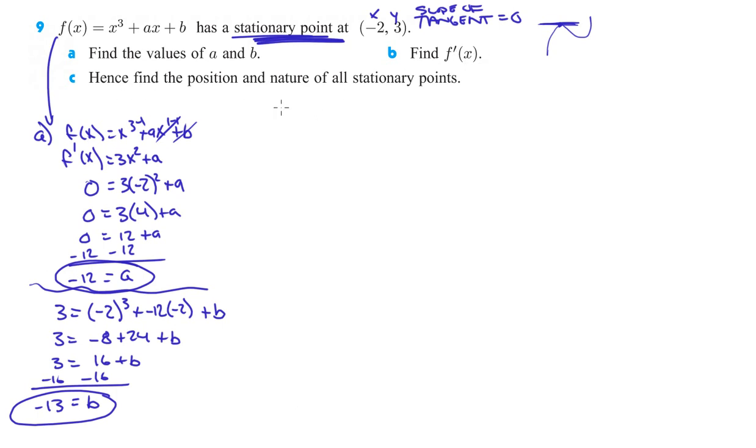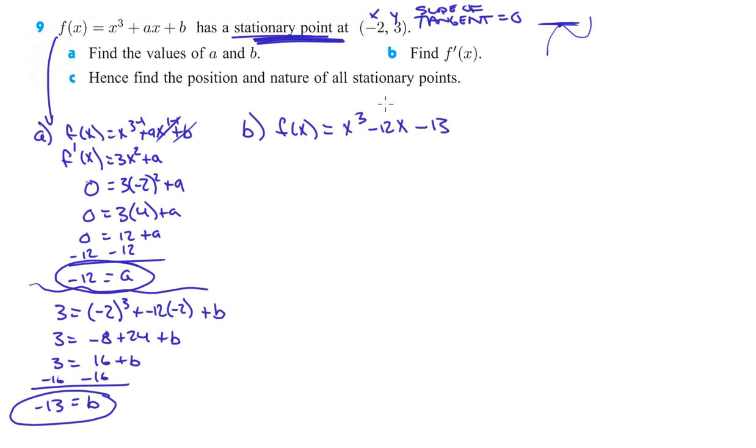Part B: find f prime of x, so the derivative of our function. We're going to plug in our a and our b so we can take our derivative. So f of x, we now know, equals x cubed plus negative 12x minus 13, right?